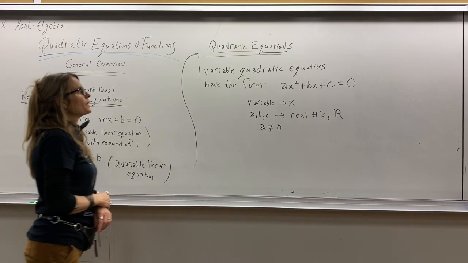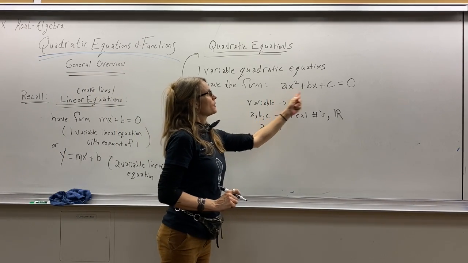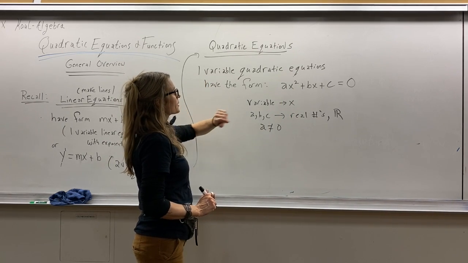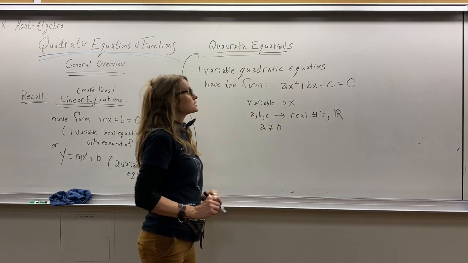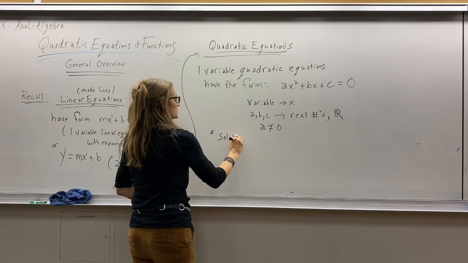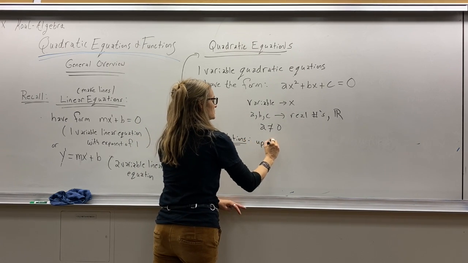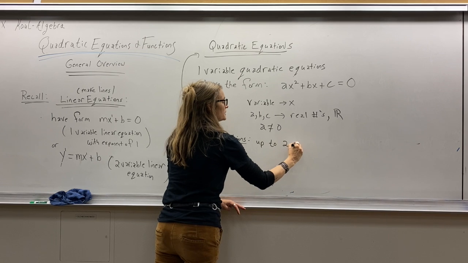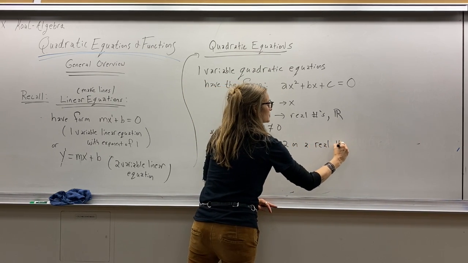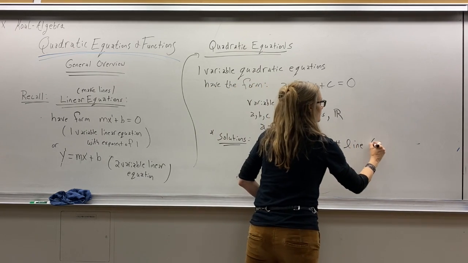Given those conditions, we have our quadratic equations in one variable. A one variable quadratic equation gives you solutions, up to 2 on a real number line, and those will reflect the x values.